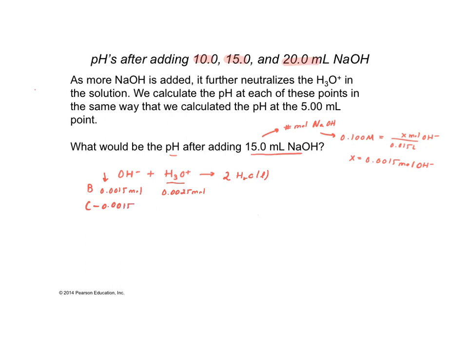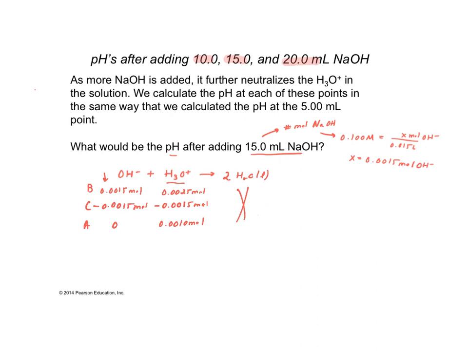That gives us 0 moles of hydroxide ion afterwards, and we subtract the exact same number of H3O+ from the before amount. That leaves us with 0.001 mole of H3O+. Again, we don't care about water at this point. So that's how many H3O+ we have left.